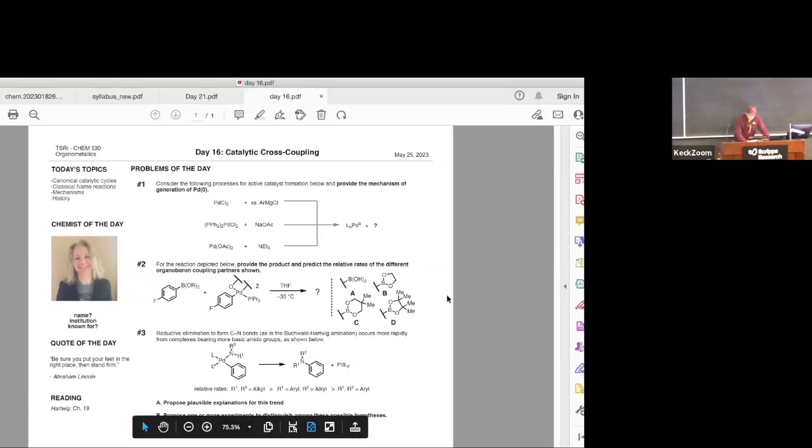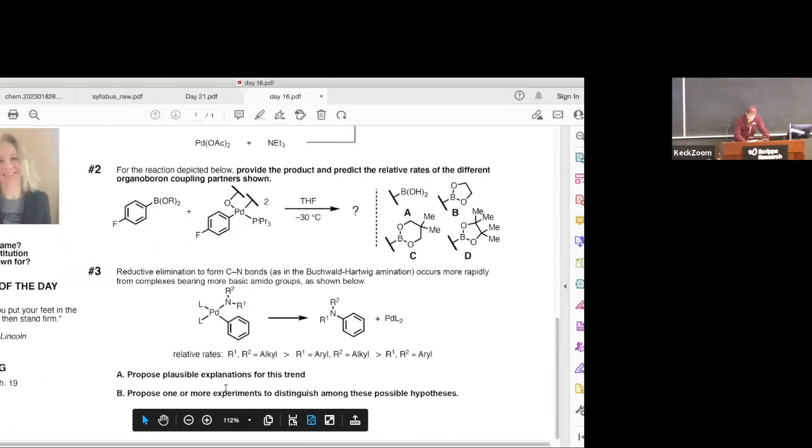Reductive elimination to form C-N and C-O bonds occurs more rapidly from complexes bearing basic amido groups, as shown below. So more basic, faster reaction. Those are plausible explanations, plural, ideally more than one, so that the next question makes sense. And then propose an experiment to distinguish among these.